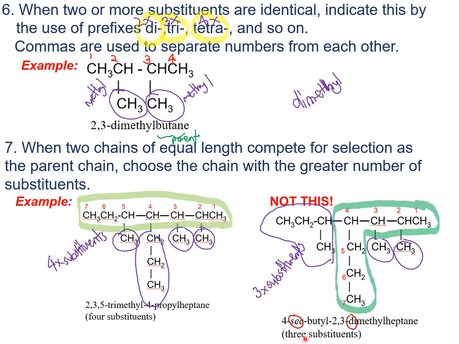The ones included in alphabetical order start from the letter B, butyl, methyl, B and M. Prefixes like sec and di, whether di, tri or tetra, are not included in the alphabetical order when you name according to the IUPAC nomenclature.